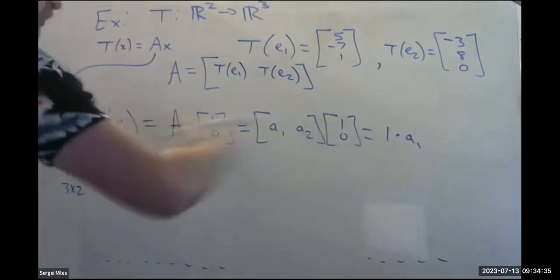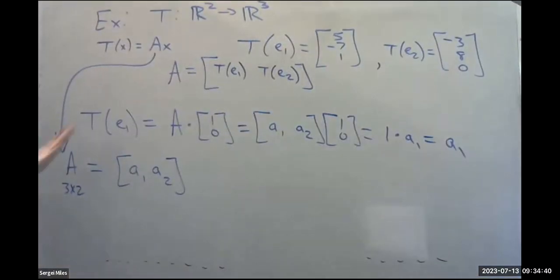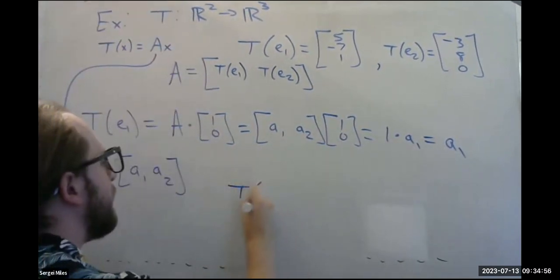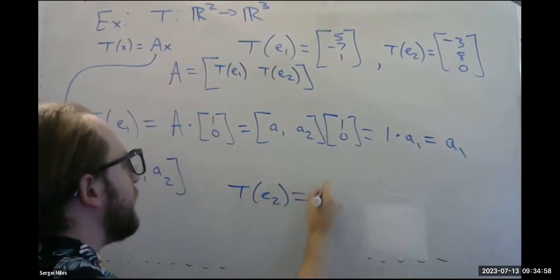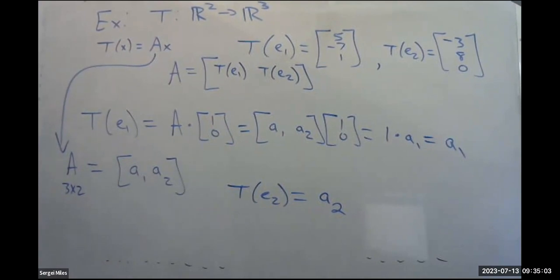From this formula, T of e1 equals the first column of A. We're just rewriting this as a matrix equation, rewriting it as a linear combination, and lo and behold, T of e1 is the first column. For the exact same reason, T of e2 is the second column of A. So we can use this fact to piece together what the matrix A is.